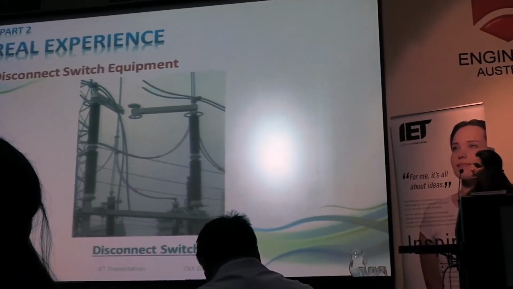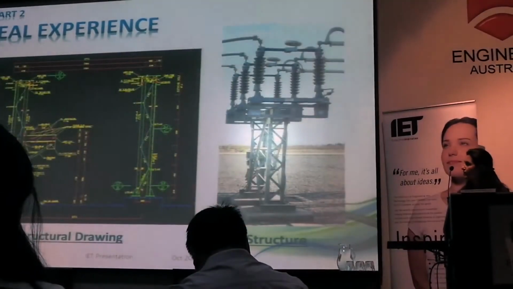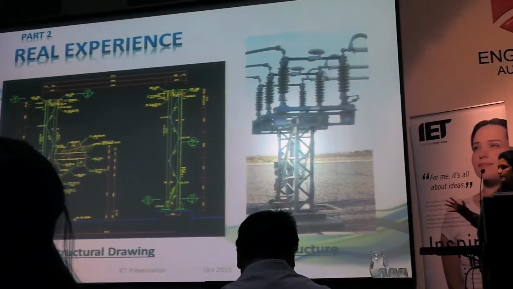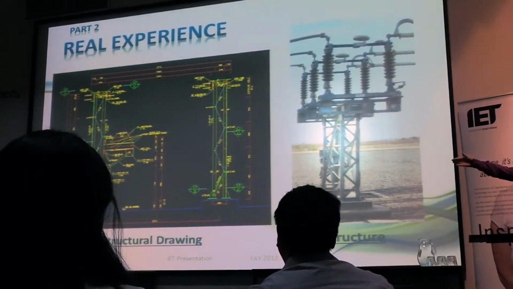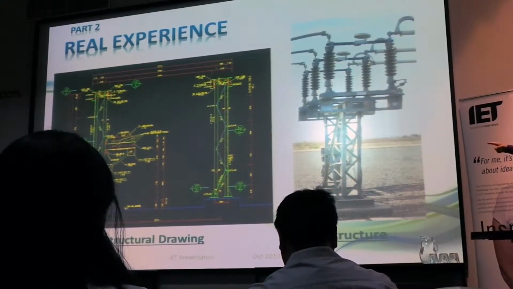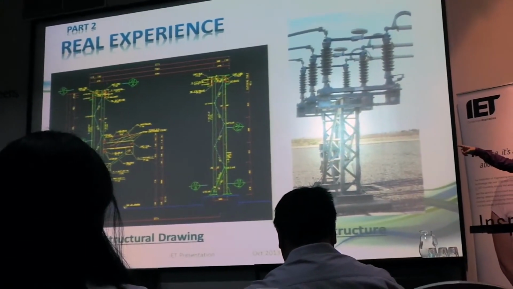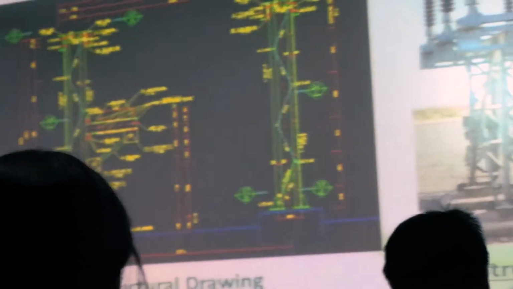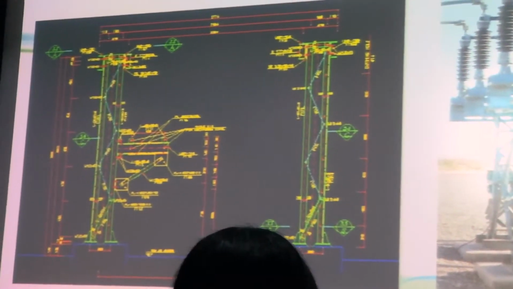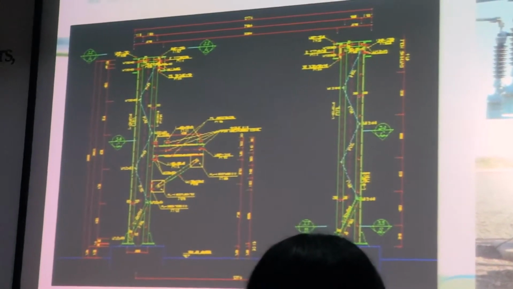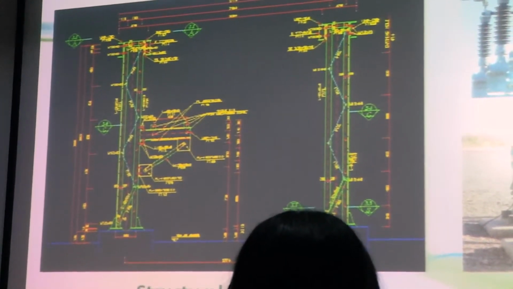In a project that I did before, I designed the structure of this equipment, and you can see the drawing in the left picture. It has many details, and the most important detail is the distances between the columns and also the distances between the equipment.